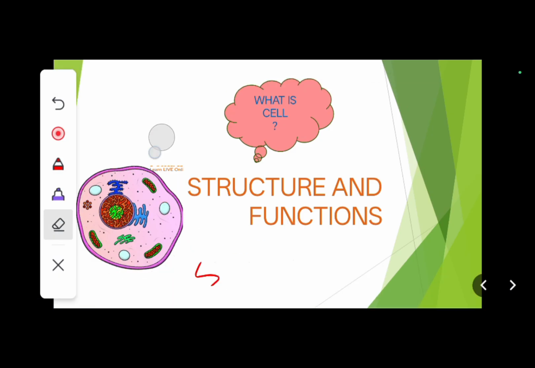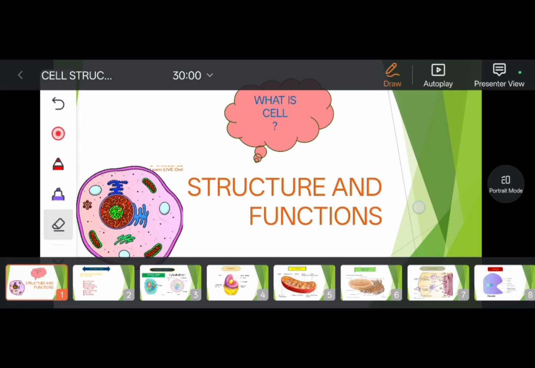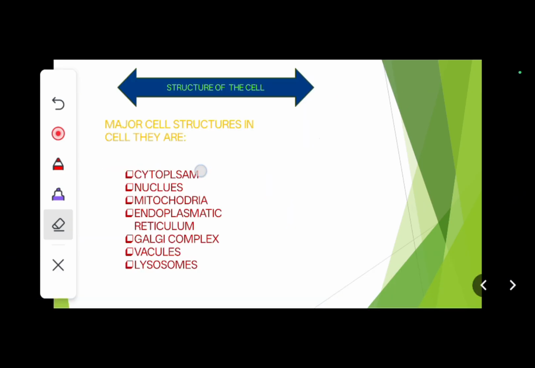Okay, then we enter into the organelles of the cell. These are the major organelles which are present inside of the cell. The first one is cytoplasm, the second one is the nucleus, and the third one is mitochondria, then endoplasmic reticulum, Golgi complex, vacuoles, and lysosome.